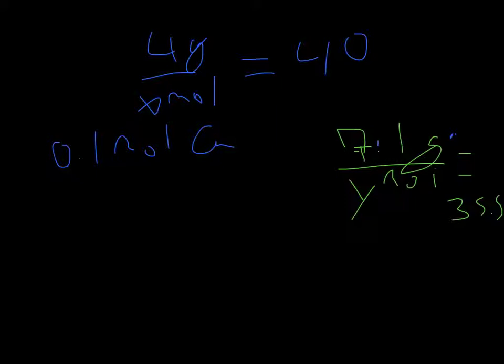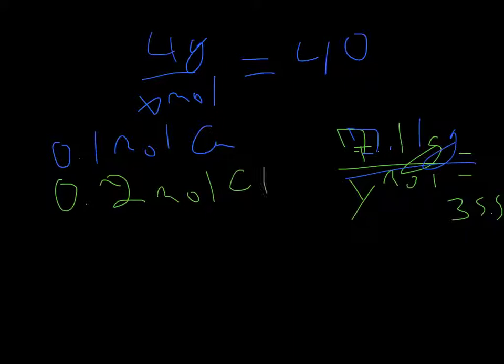So obviously we have 0.2. I don't know why that blue 7.1 came back. I tried to kill it before. Not important. Just ignore it for now if you can. Of chlorine. So now, if you're 0.1, you're 0.2, you can see that there's 2 times as much chlorine.